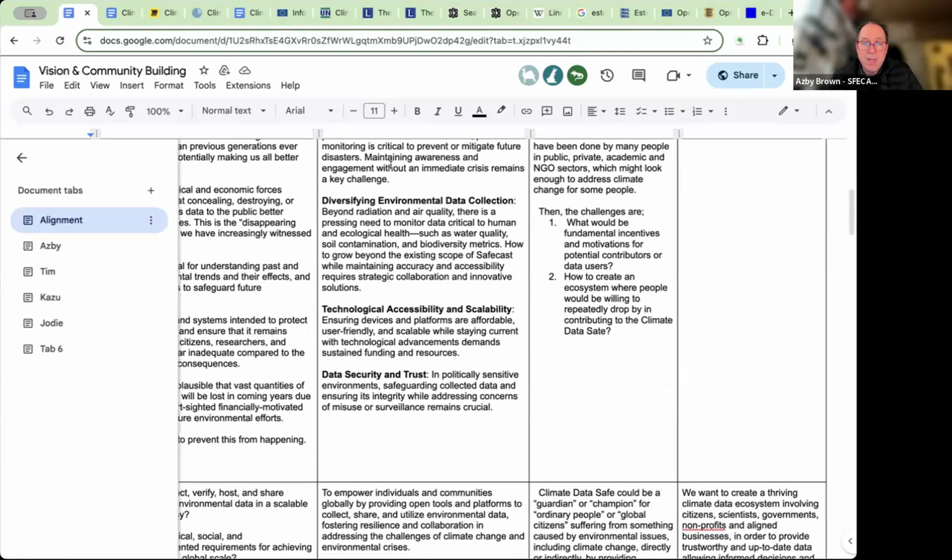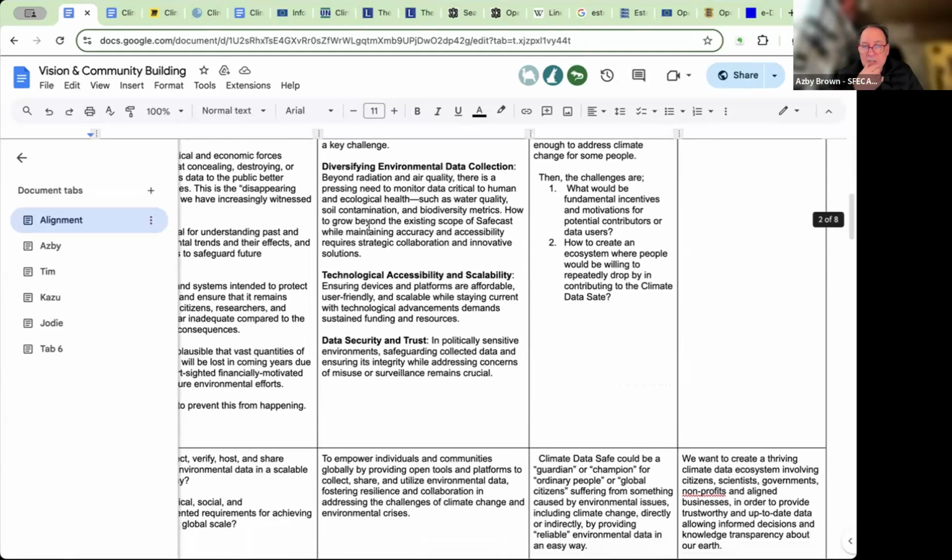He's really good. Diversifying environmental data collection. Beyond radiation and air quality, there is a pressing need to monitor data critical to human and ecological health, such as water quality, soil contamination, and biodiversity metrics. How to grow beyond the existing scope of SafeCast while maintaining accuracy and accessibility requires strategic collaboration and innovative solutions.